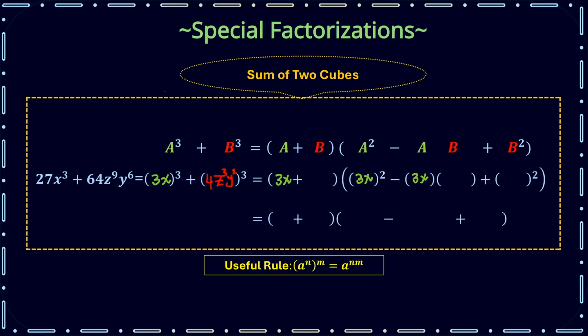Our B is 4z cubed y squared. Okay, so anytime you see a B, you're going to replace that with 4z cubed y squared.